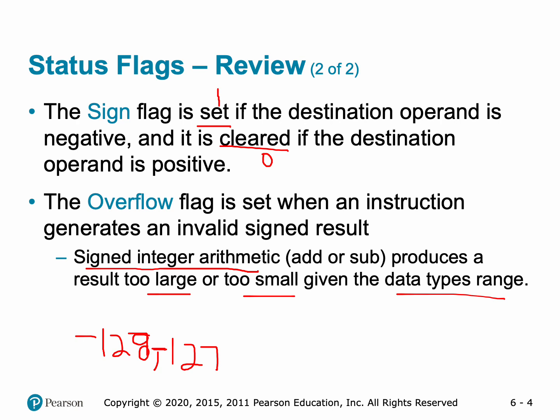If you do some signed integer arithmetic with a byte and you get -129, the overflow flag gets set, or if you get +128 or a bigger number, the flag is set, if the register you're dealing with is byte size.